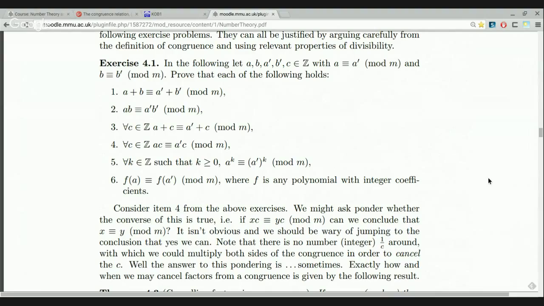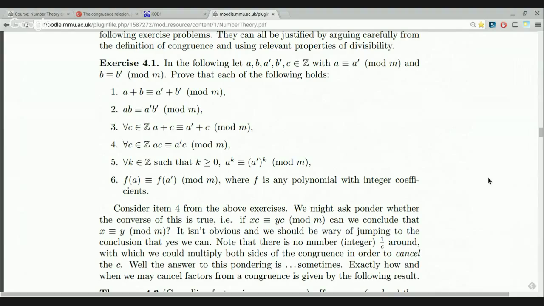now what are a and a prime here? A and a prime are a pair of integers that are congruent modulo n. They both leave behind the same remainder after you divide them by n. If you take any polynomial which has integer coefficients, and you evaluate it at a and a prime, you'll probably get different integers, but the values that you get will be congruent modulo n.